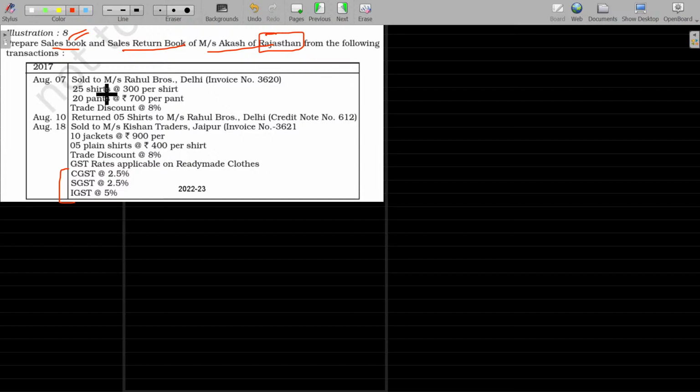The first sales is to Rahul Brothers of Delhi. Moves from Rajasthan to Delhi. Then this will be, sorry, interstate sale. IGST will be applicable. And then the third one, August 18, Jaipur, also in the same Rajasthan. So this will be intra-state sale. Then here CGST and SGST will be applicable.